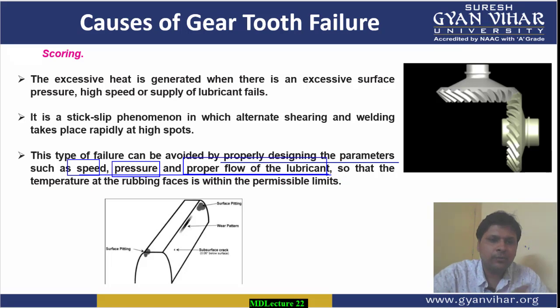These parameters should be properly designed in order to avoid scoring, so that the temperature at the rubbing surface is within permissible limits. Our objective here to remove scoring is by keeping the temperature at the rubbing surface low.